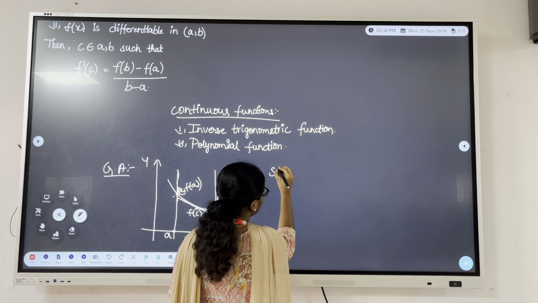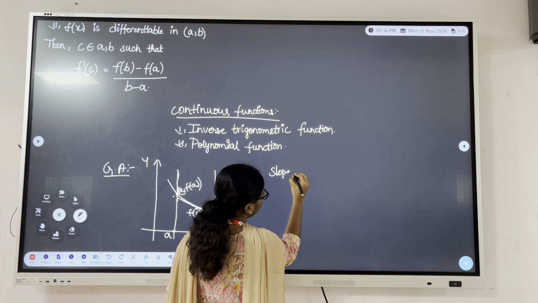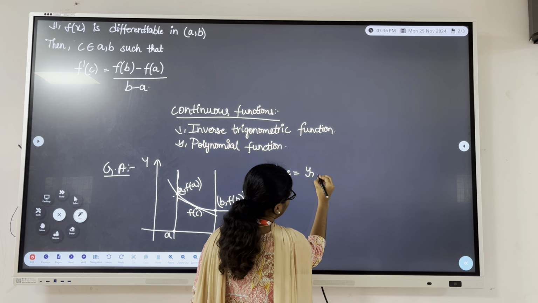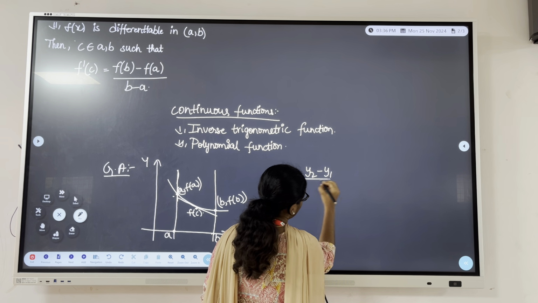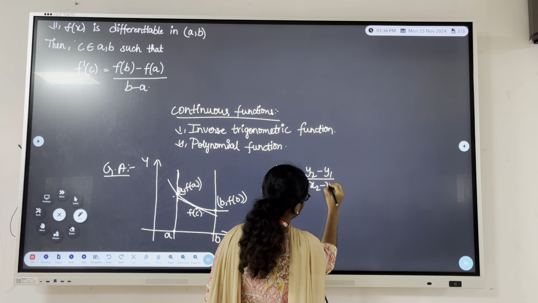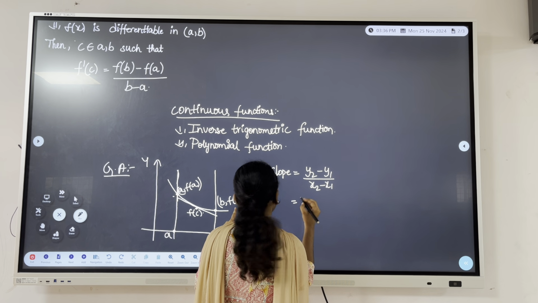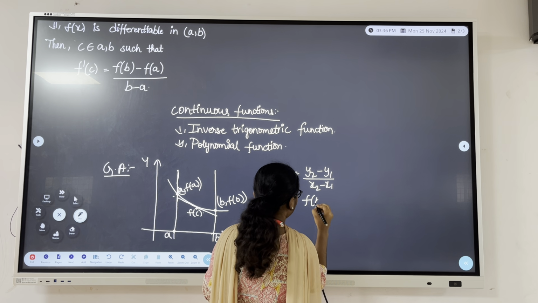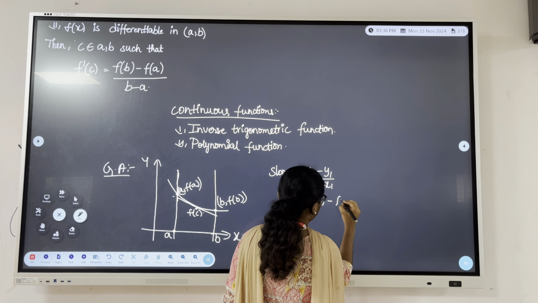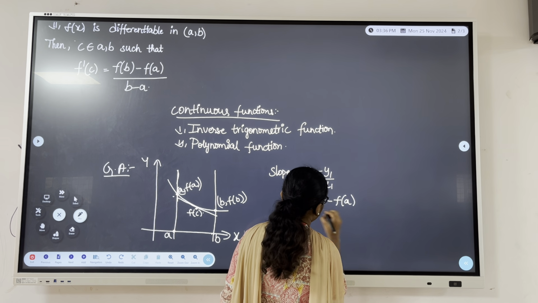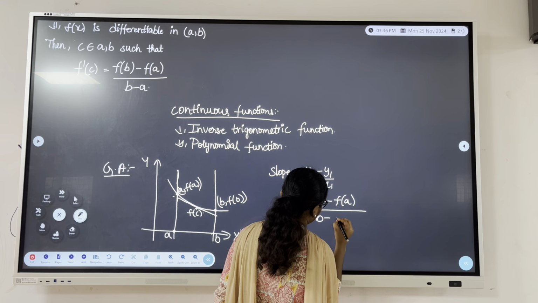As we all know that slope equals to y2 minus y1 by x2 minus x1. Here we get y2, f of b minus f of a is equals to b minus a.